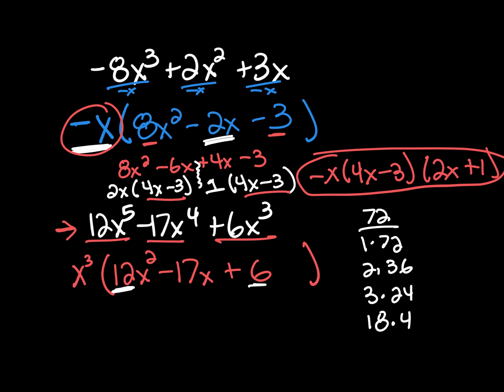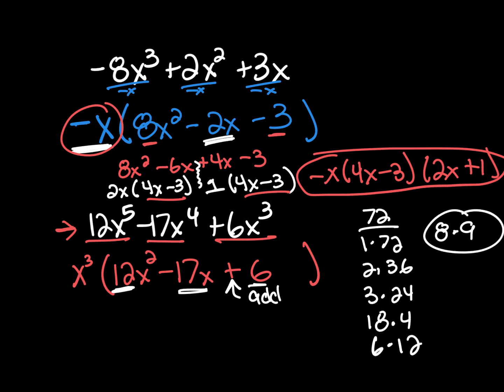We also have, let me see, obviously 6 and 12. We have 8 and 9. There's a bunch, right? So I'm looking for what, I got a plus sign here. So I'm looking for something that's going to add to give me 17. Well, that's going to be my 8 and my 9.